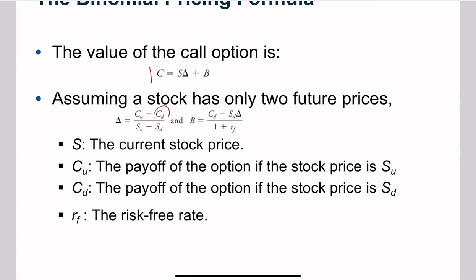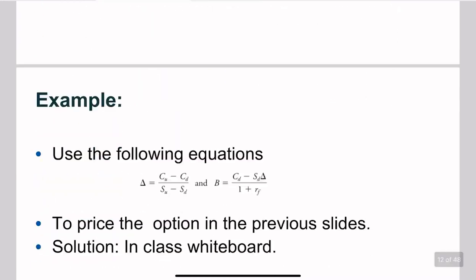Clearly CD is the call's payoff if the stock price decreases, and CU is the payoff of the call if the stock price goes up. And then SU and SD basically refer to the share price if the share price is up or down. And RF, of course, is just the risk-free rate.